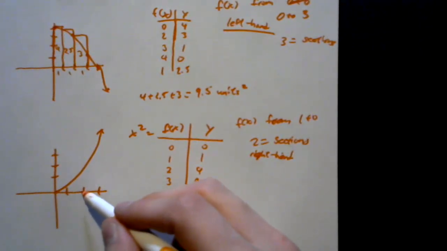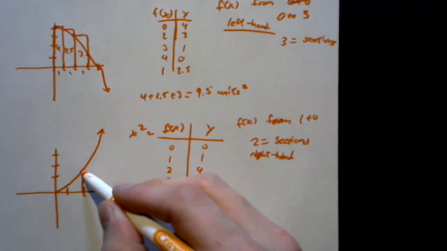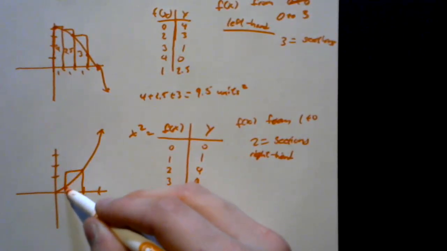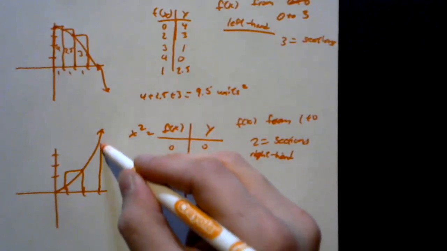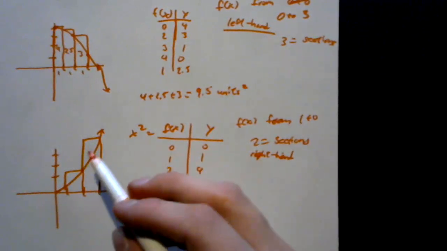So technically, from 1 to 2, you'd have to use the second one on the right to figure it out, the right hand. So it overestimates.